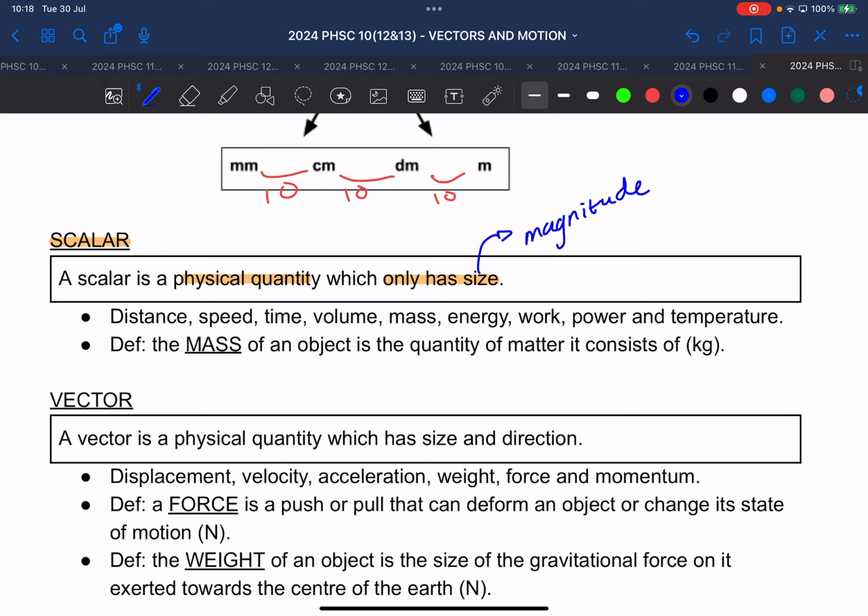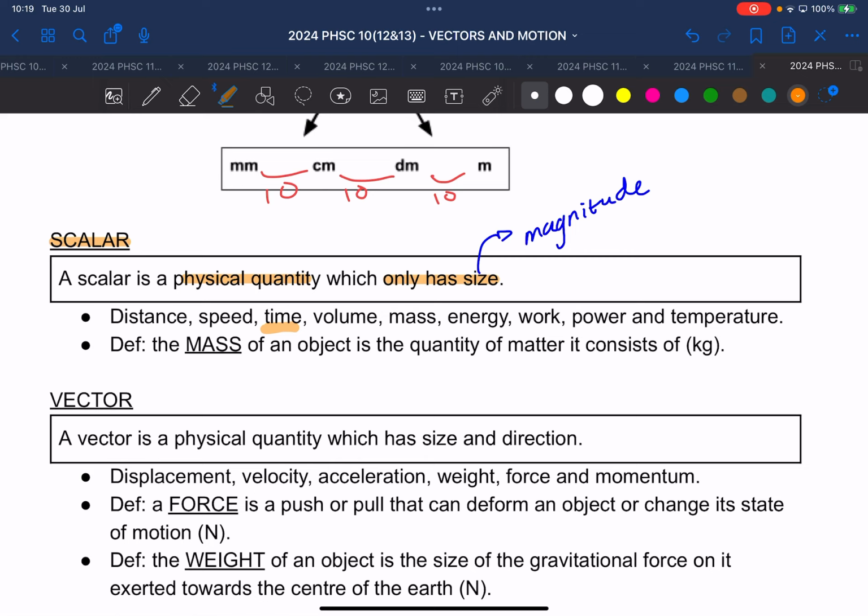So, for example, time. Can you go back in time? No. You can't say, I'm going to go into negative time, so I'm just going to reverse a bit. You can't do that. So time is only size. Something is a day, something is an hour, 24 hours from now. Time only has size, it only has magnitude.